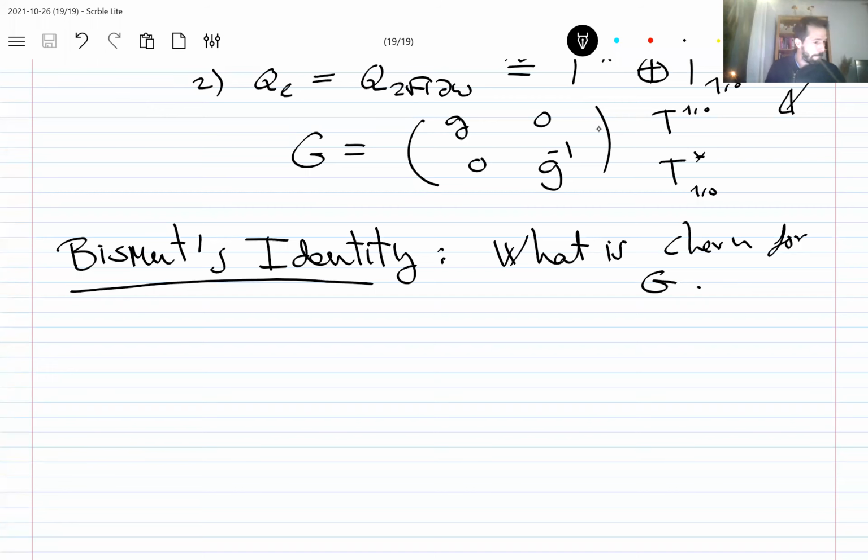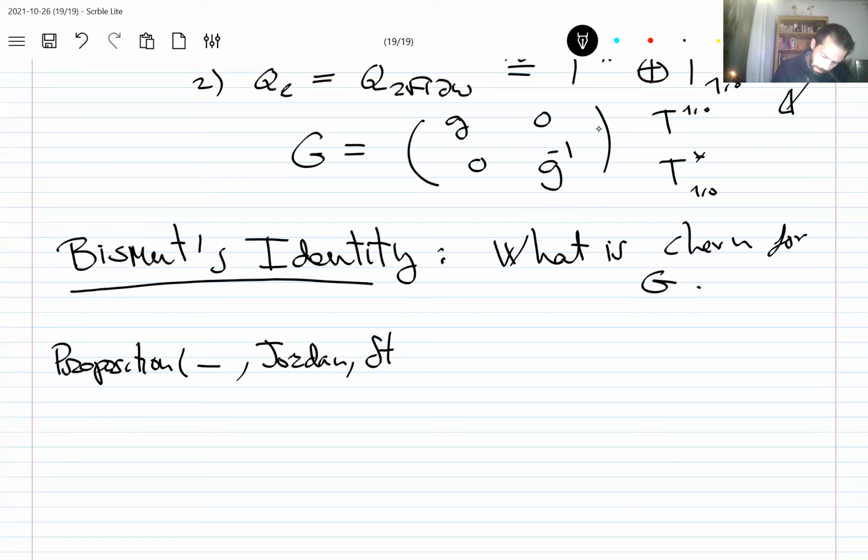Okay, so this is a proposition in our paper. Say that we have a generalized J-compatible generalized metric as before.